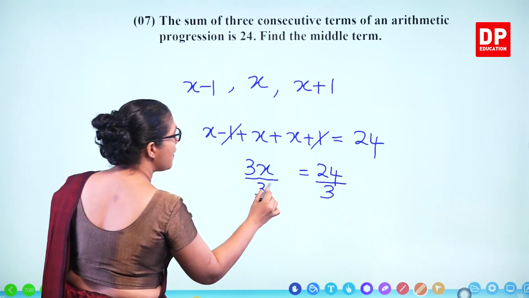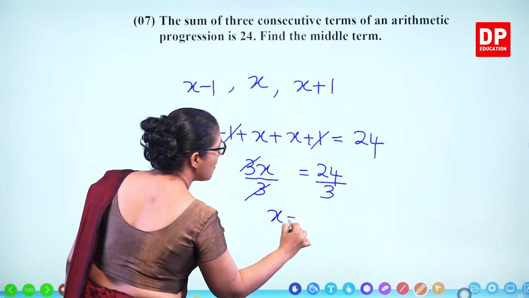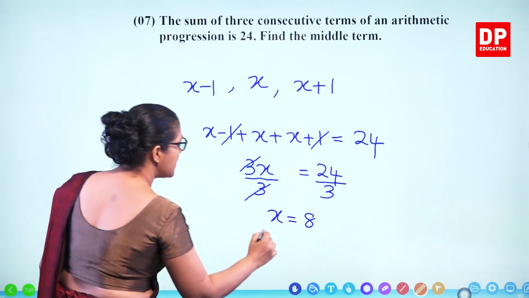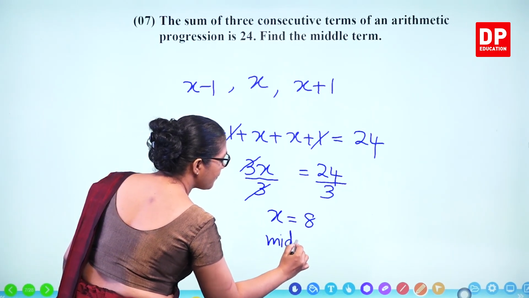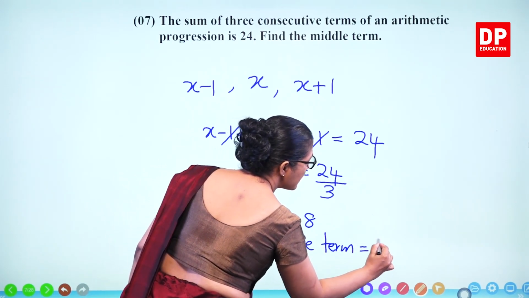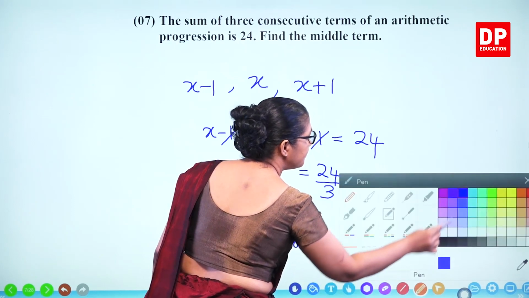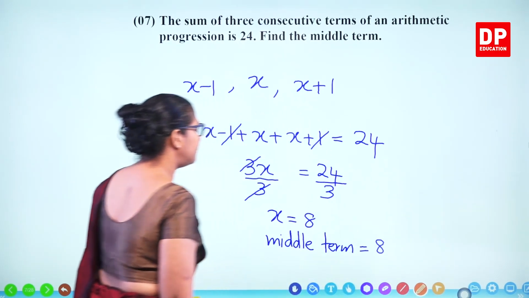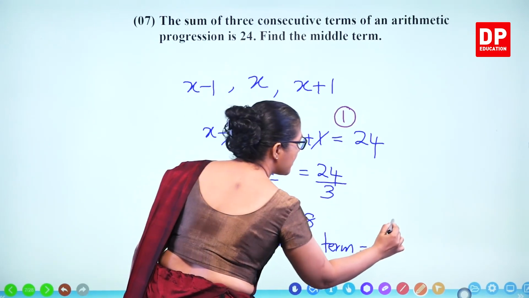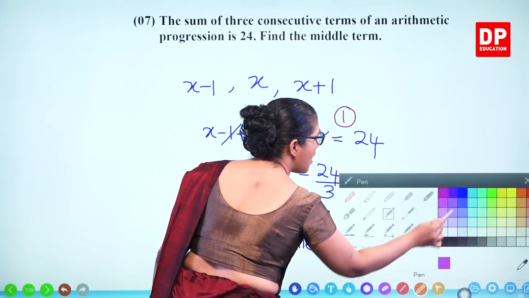You divide by 3, so x becomes 8. So the middle term is 8. So 2 marks: 1 mark for the method and 1 mark for the answer.